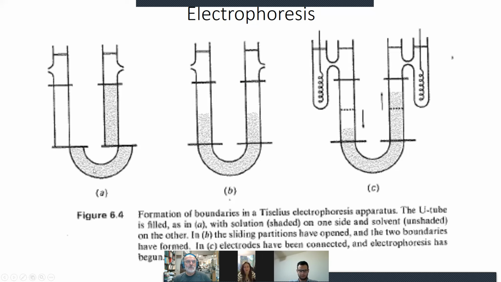The U-tube allows you to have two menisci, basically, where you have an interface between the protein solution, or whatever the macromolecule is, and a buffer. And you have this ability to create sharp interfaces, accomplished by having these plates that are allowed to slide so that you can create sharp boundaries.